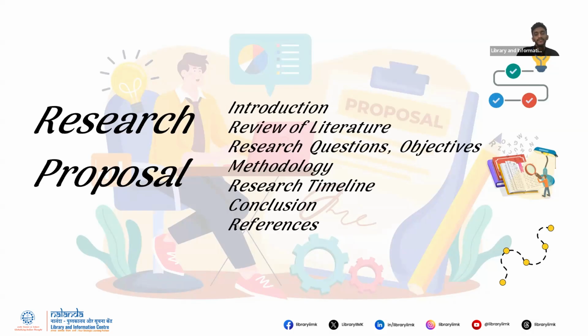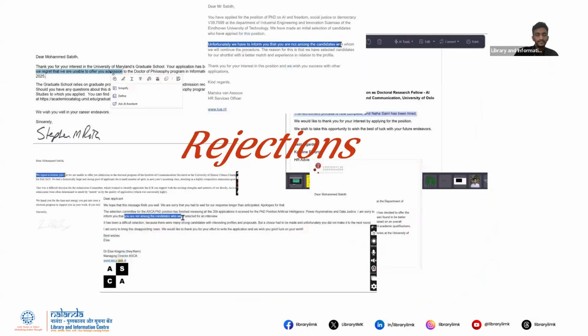In addition, you should give a research timeline. In the case of Europe, it will be like 3 years. You could start with data collection, like that. In addition to that, give a conclusion as well as references. So, that's all about the research proposal.